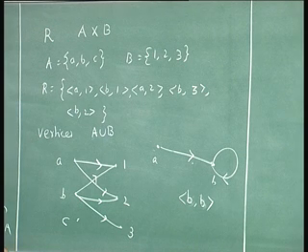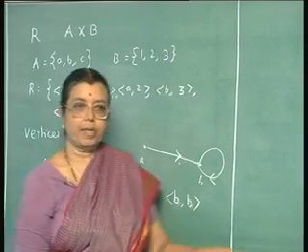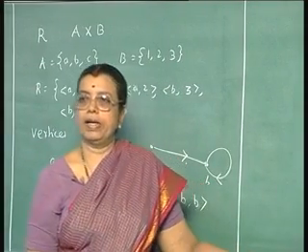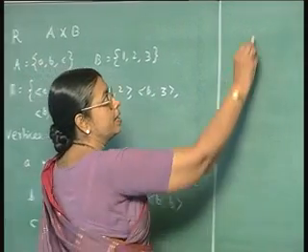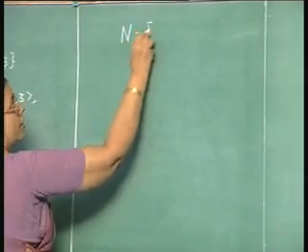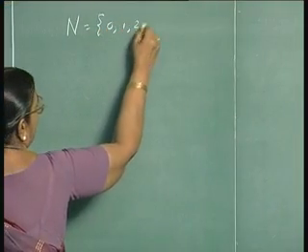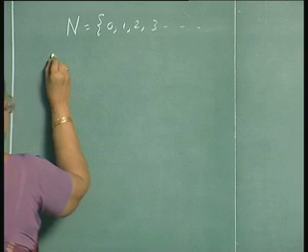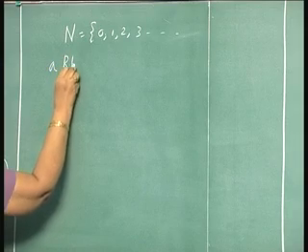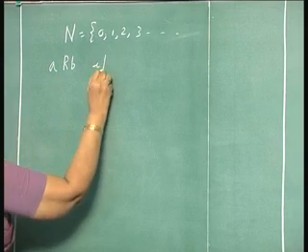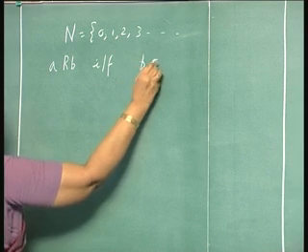Now, this is all possible when you have a binary relation on a finite set A. Suppose you have a binary relation on an infinite set. Let us take the set of natural numbers N = {0, 1, 2, 3, ...}, and the binary relation defined like this: a is related to b if and only if b = a + 3.